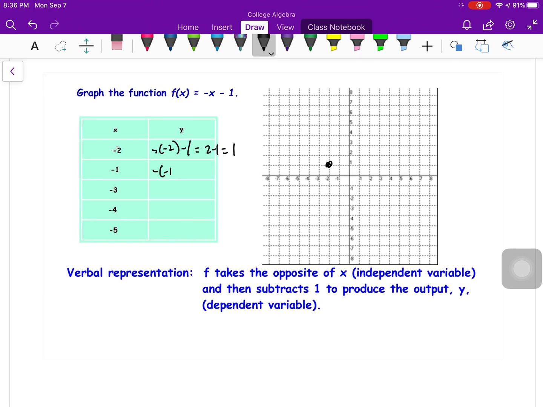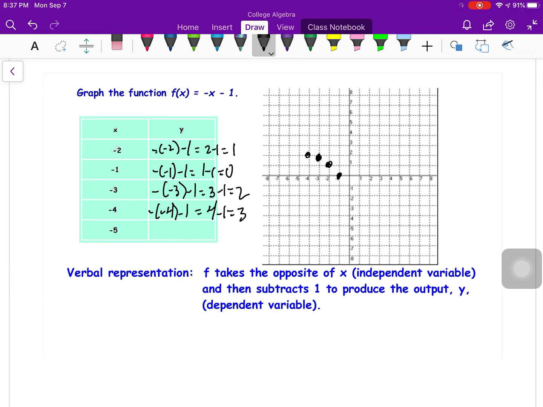The opposite of a negative 1 minus 1 would be 1 minus 1 would be 0. So I'm going to plot. The opposite of a negative 3 minus 1 would be 3 minus 1, which would be 2. Negative 3, 2. Plot. The opposite of a negative 4 minus 1 would be 4 minus 1, which would be 3.